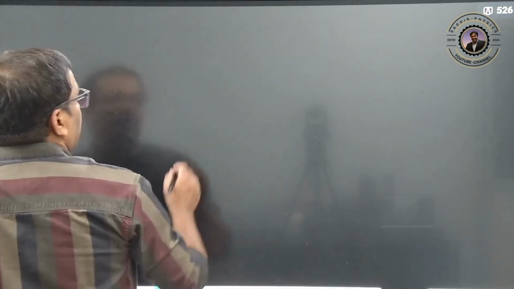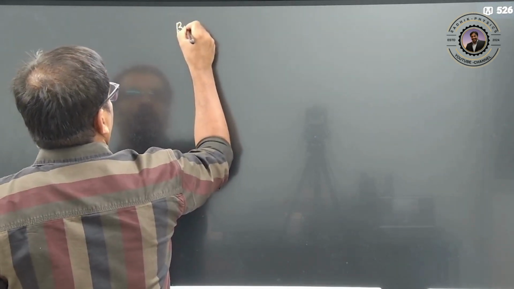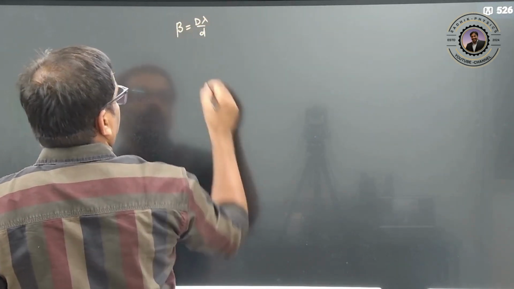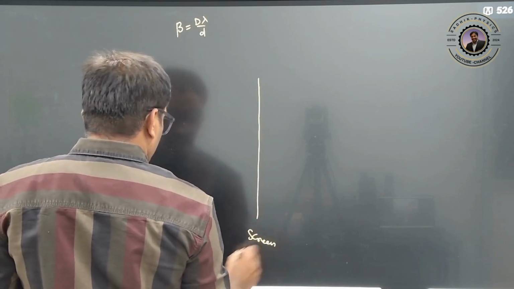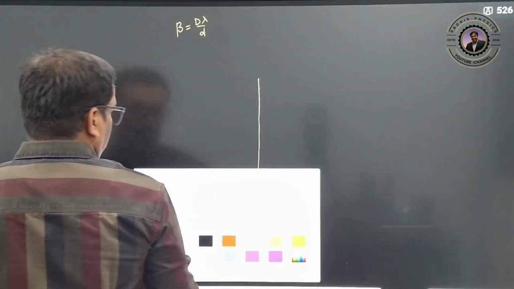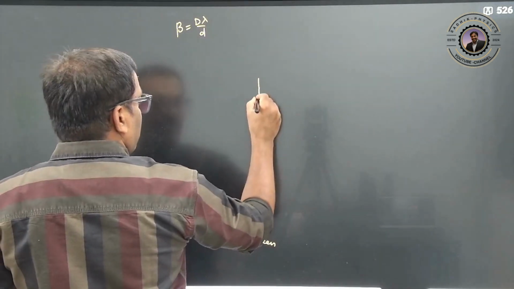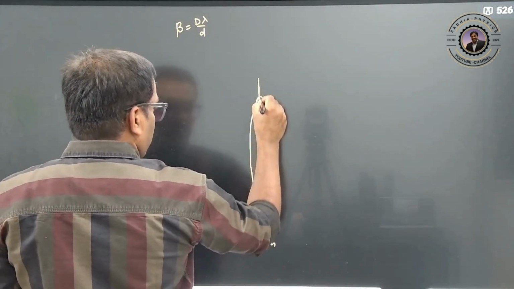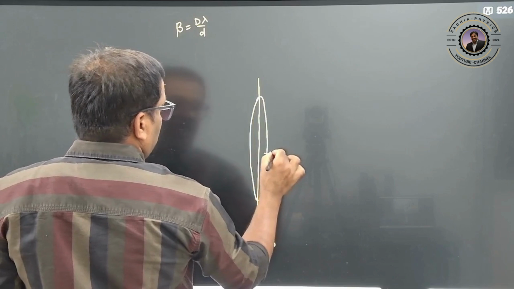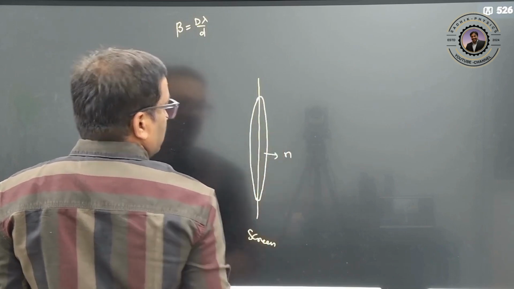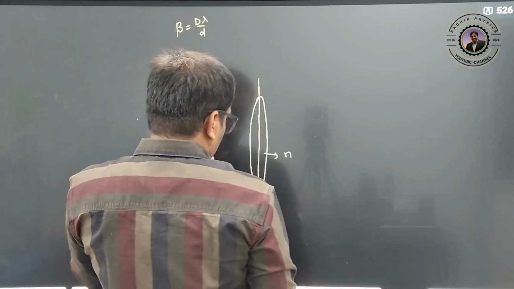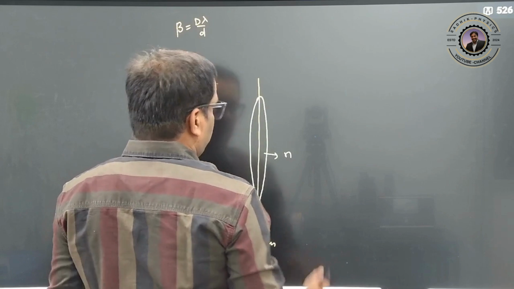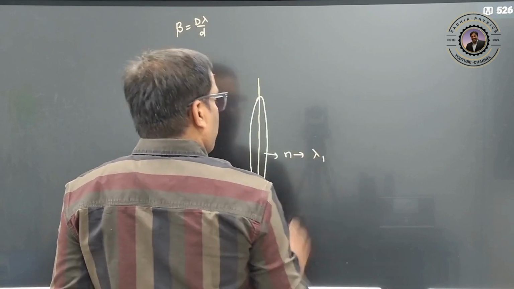Suppose here we said that beta will be the same, d lambda by d. Suppose I am taking one screen, this is one screen. I am considering one small area, this is the area I am considering now. In this area n number of fringes are formed, including bright and dark, using the wavelength lambda 1.